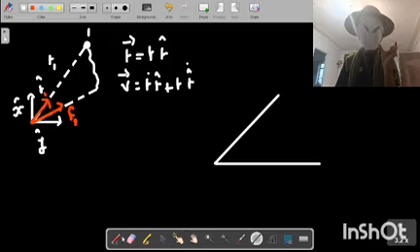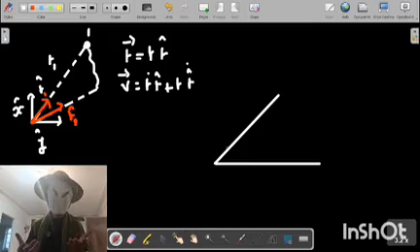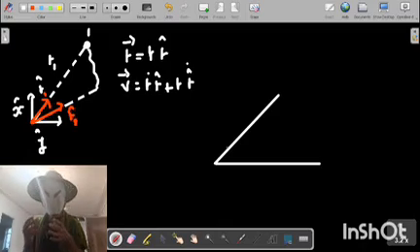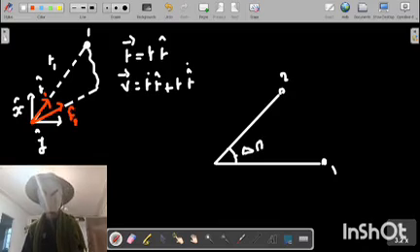Imagine in a very small time, obviously the position of the ball changes, and since it's a small amount of time, the amount of the distance is also very small. Let's call this position 1, okay, and this is position 2. For example, this angle is delta theta.